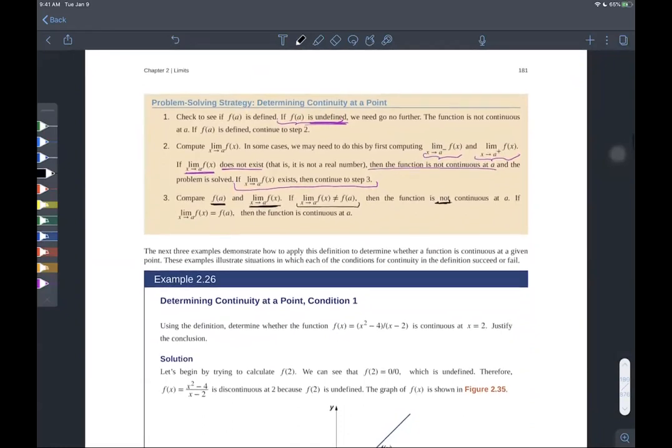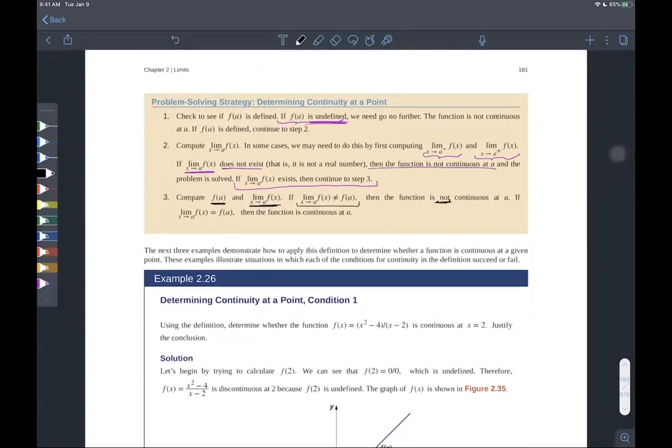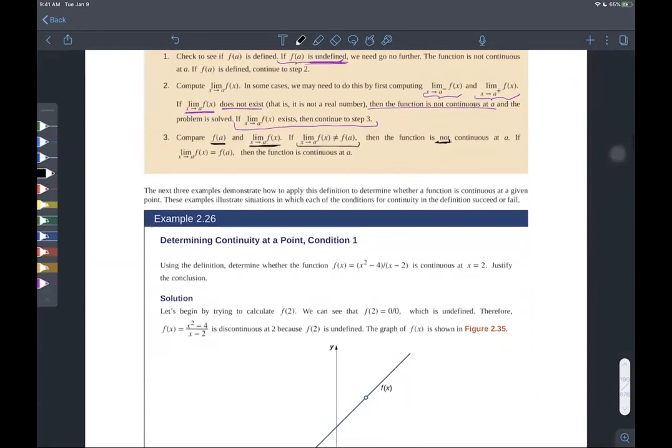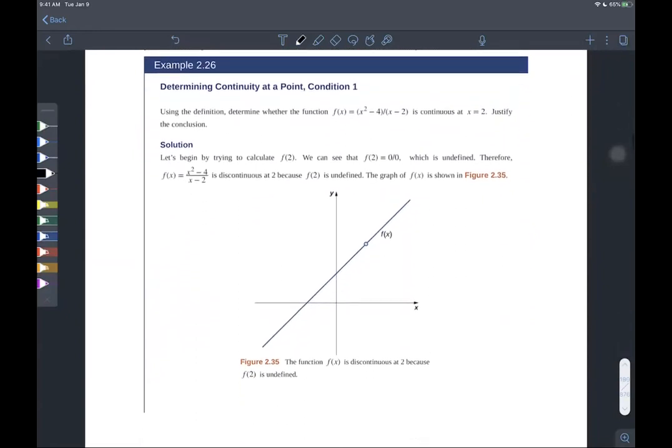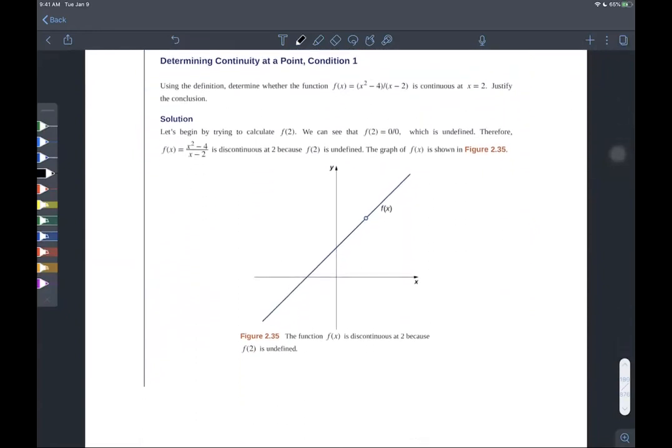Okay, the next 3 examples demonstrate how to apply this definition to determine whether a function is continuous at a given point. These examples illustrate situations in which each of the conditions for continuity in the definition succeed or fail. Okay, so let's take a look at this one. Now here, if we call this A, you can see that f of A is undefined.